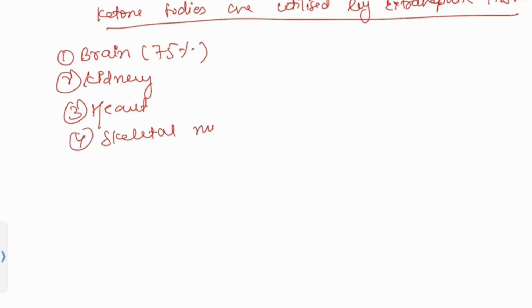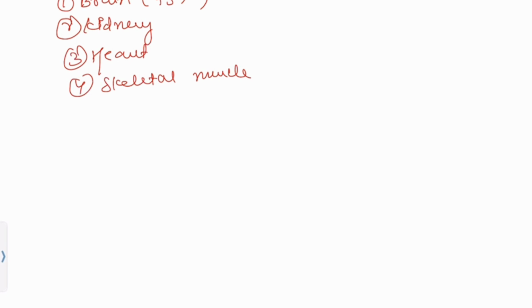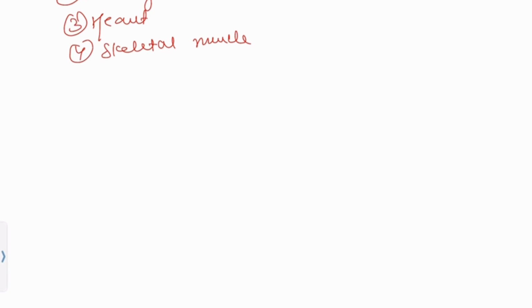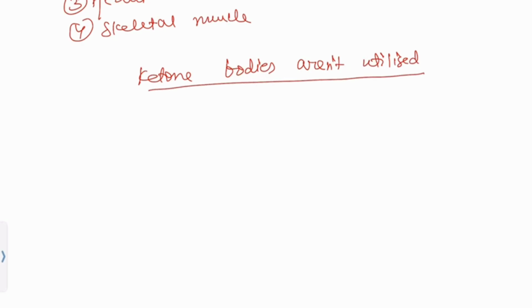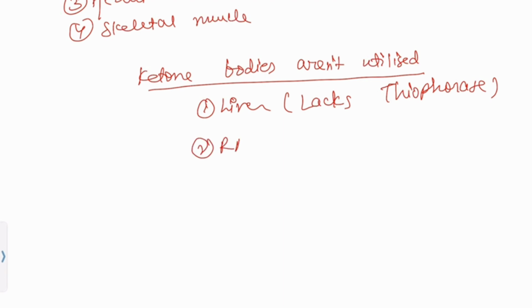Now comes the question: is there any site where ketone bodies cannot be utilized? The answer is yes, ketone bodies are not utilized at two places. First is the liver because it lacks thiophorase, and second is RBC because it lacks mitochondria.